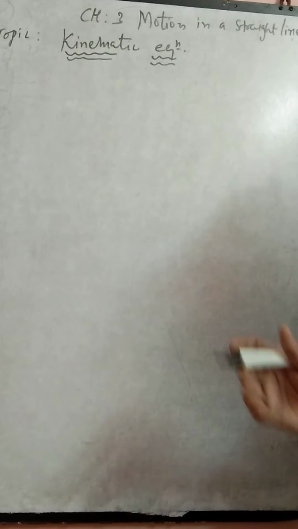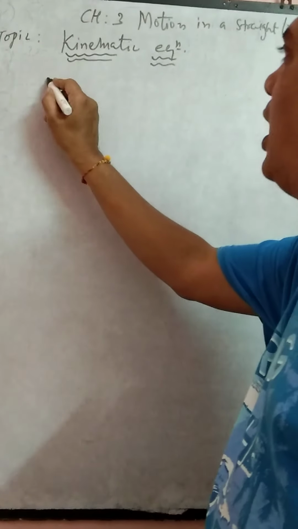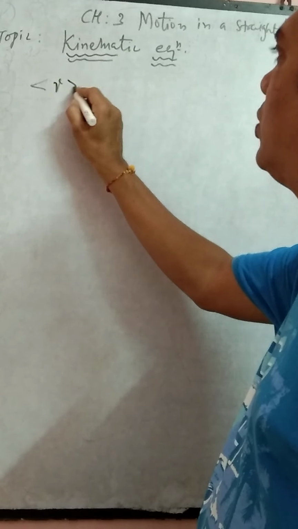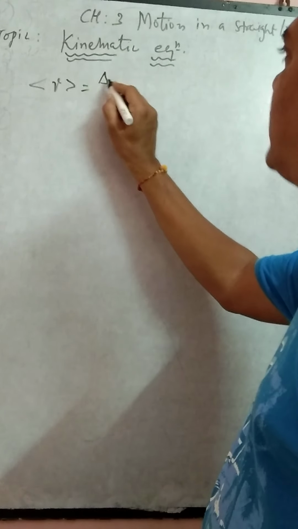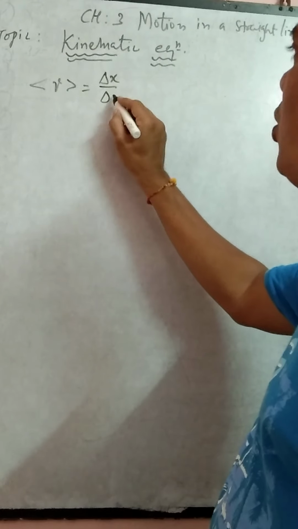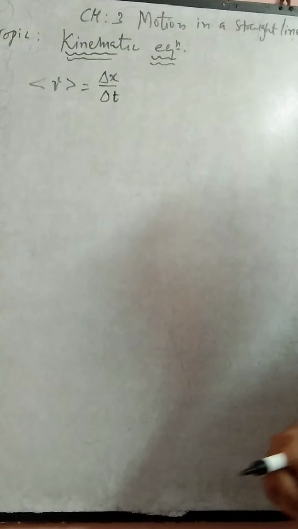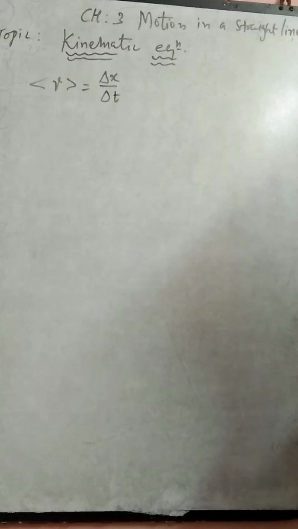As we know, average velocity and average acceleration are represented by: average v equals delta x upon delta t, if the object is performing motion along the x direction on a straight path.